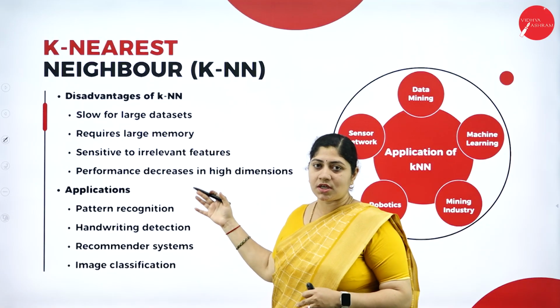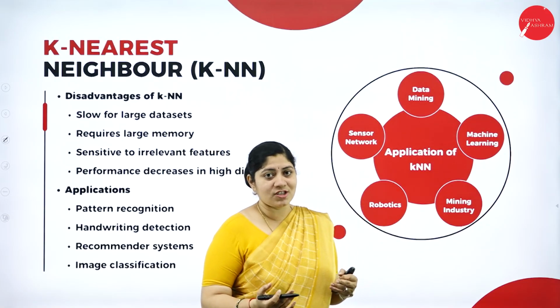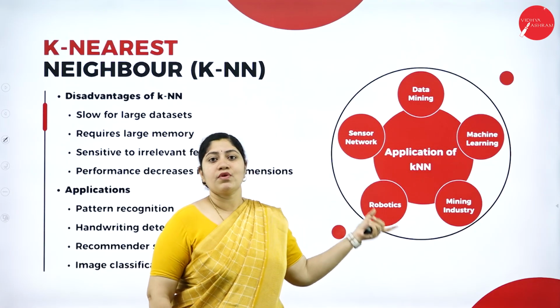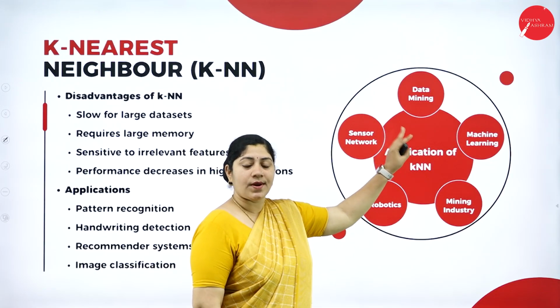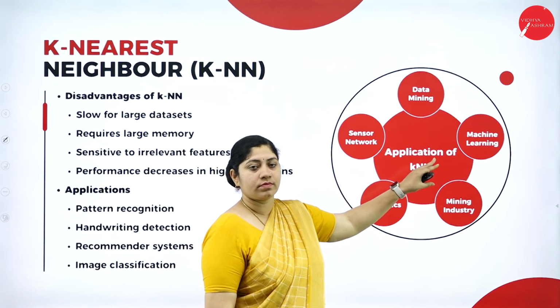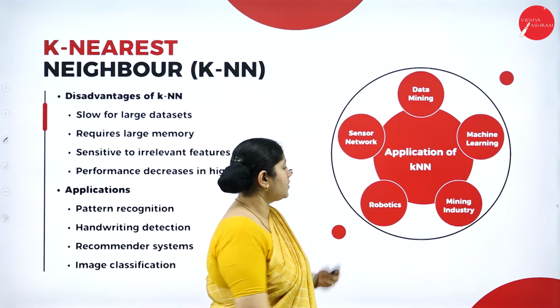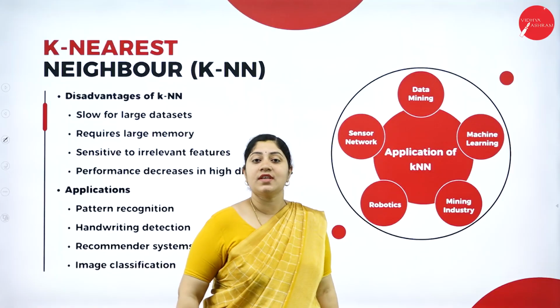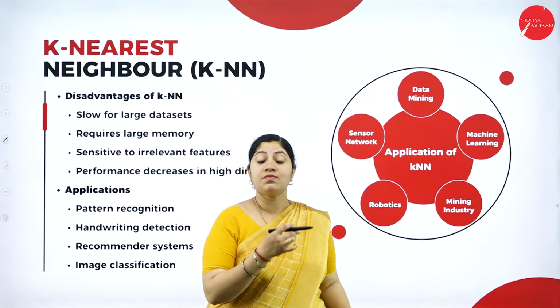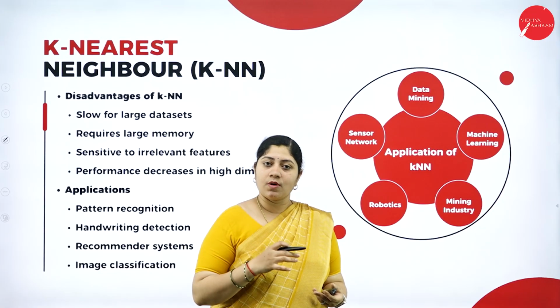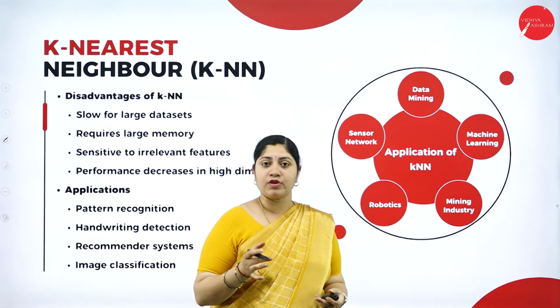So these are the disadvantages. Moving on to applications, KNN is used in data mining. It is also used in machine learning as well as in robotics and sensor networks. So these are the various applications in which this KNN classification algorithm is utilized.